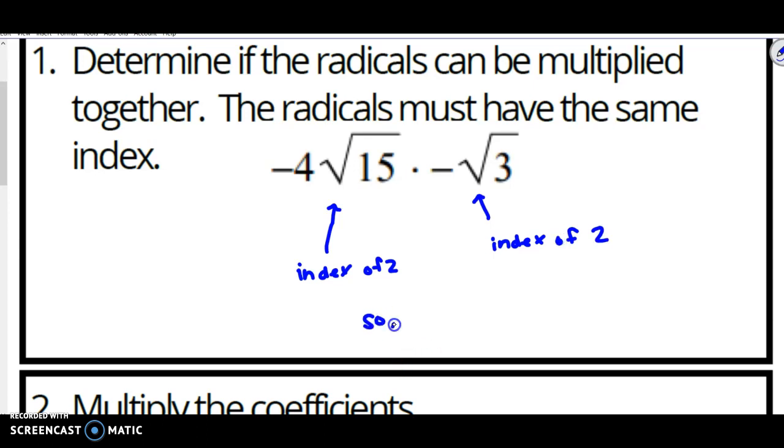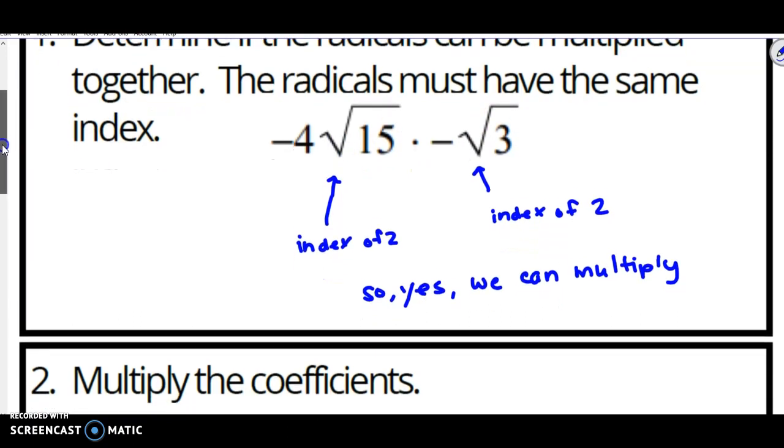So, yes, we can multiply. Now looking at the next step, you don't have to do this with each one, but I want you to have this written out so that you know why we can multiply those together. It has nothing to do with the radicand, the number underneath it. It's just the index of the radical symbol.